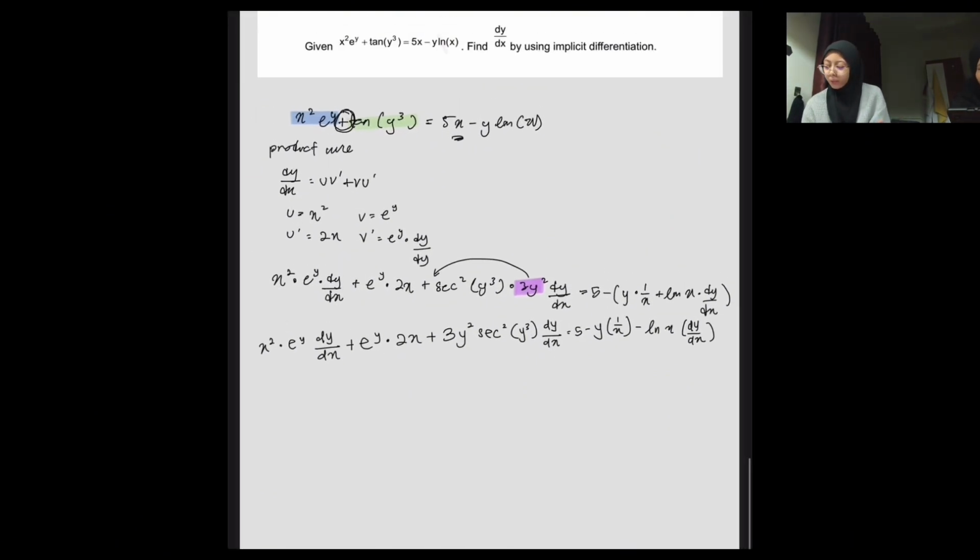So when it becomes like this, bring dy over dx to the front. So it will become dy over dx x squared e to the power of y plus, we need to add on another dy over dx to the front of 30y squared. So it will become like this.